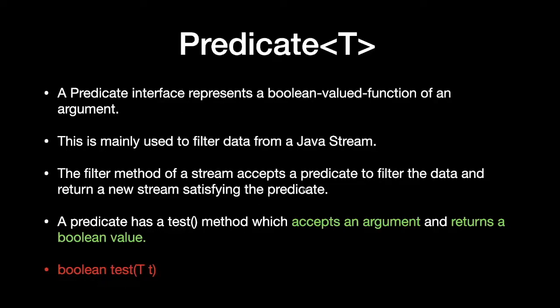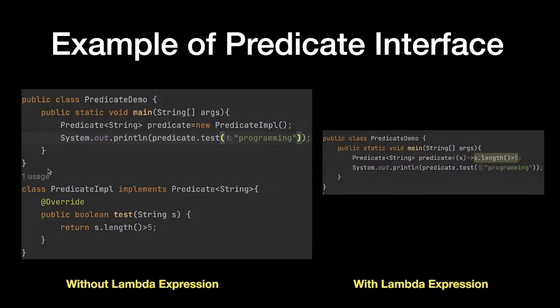We will see this with examples, don't worry about that. The predicate has a test method which accepts an argument and returns a boolean value. Now see, this is an example of the predicate. Here we have created this predicate implementation class, which implements the predicate interface. This predicate interface is taking a string as input.